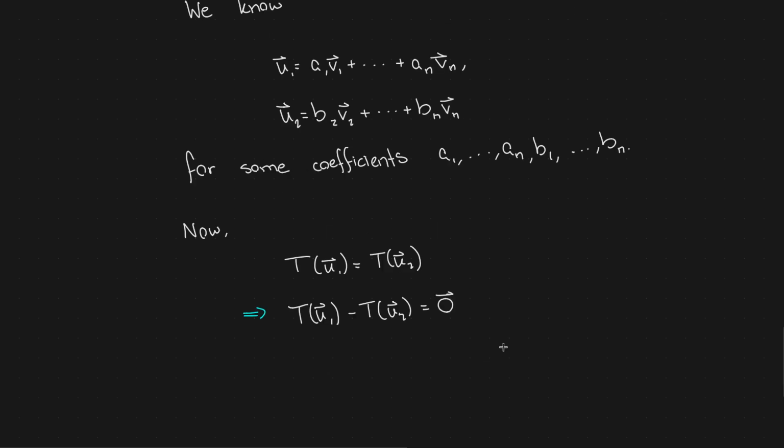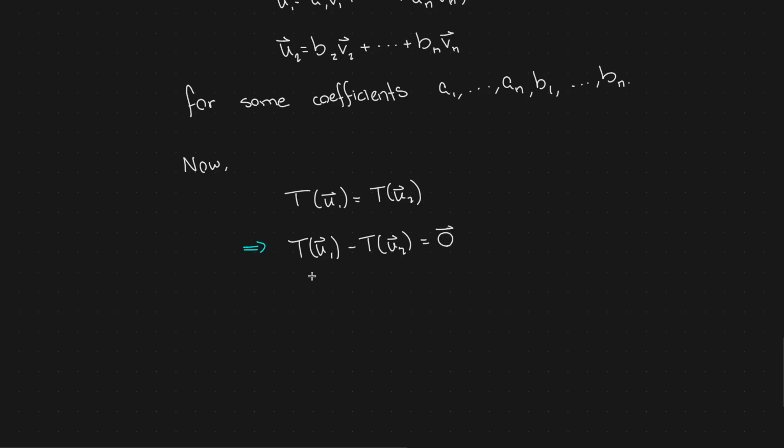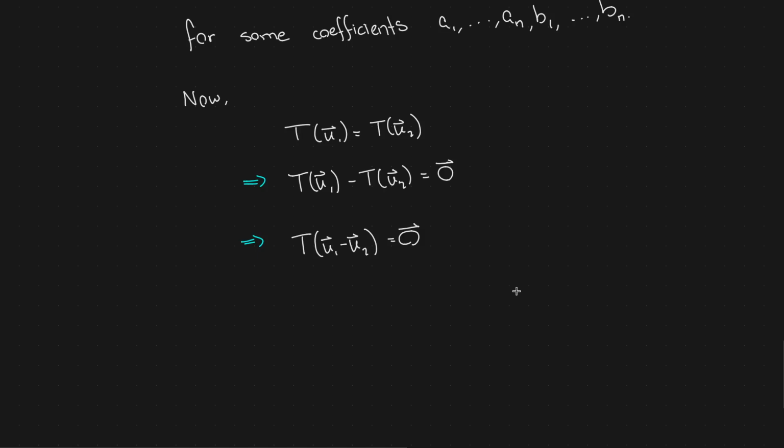Okay, we love having 0 on one side of the equation. And now I'm going to use the fact that T is a linear transformation and combine the two linear transformations into a single linear transformation. All right?